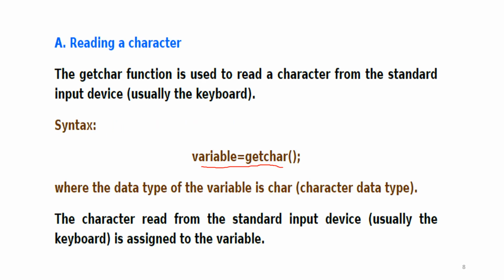Next, we will learn runtime initialization, in which the variables get their values only when the program executes. Let's learn how to read a character from the standard input device using the getchar function.